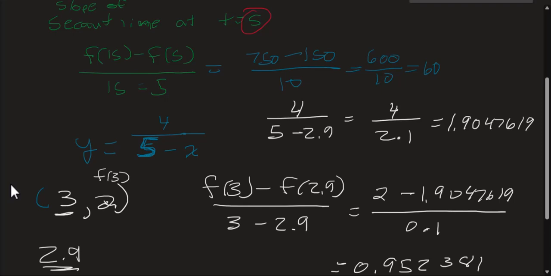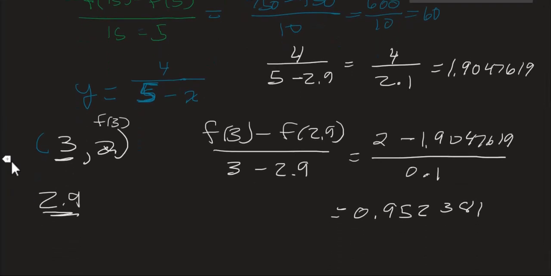For instance, if I do the same one with 3.00001, I'll do 2 minus 4 over 5 minus 3.00001, and then divide that by 3 minus 3.00001, and I get 1.00005.